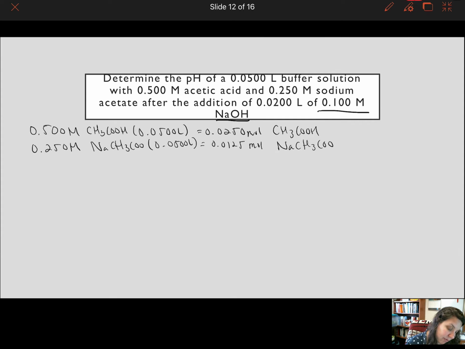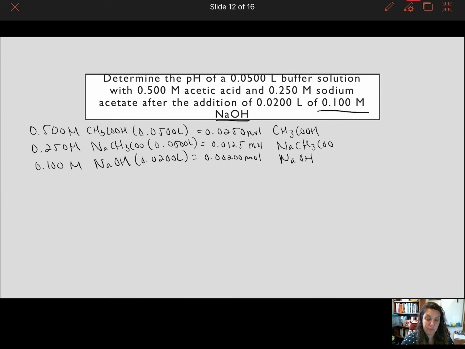And then lastly, we have the sodium hydroxide we're adding in. We have 0.100 molar sodium hydroxide, and we add in a volume of 0.0200 liters, giving us 0.00200 moles of NaOH.